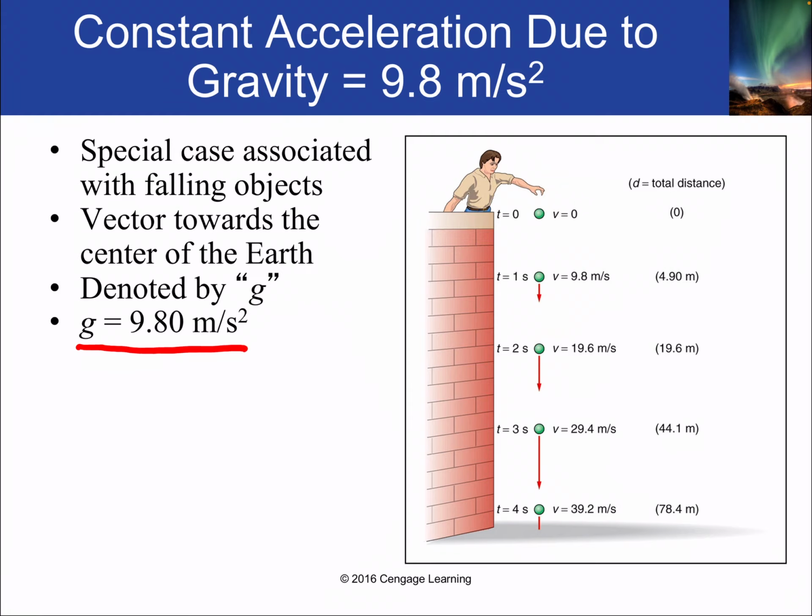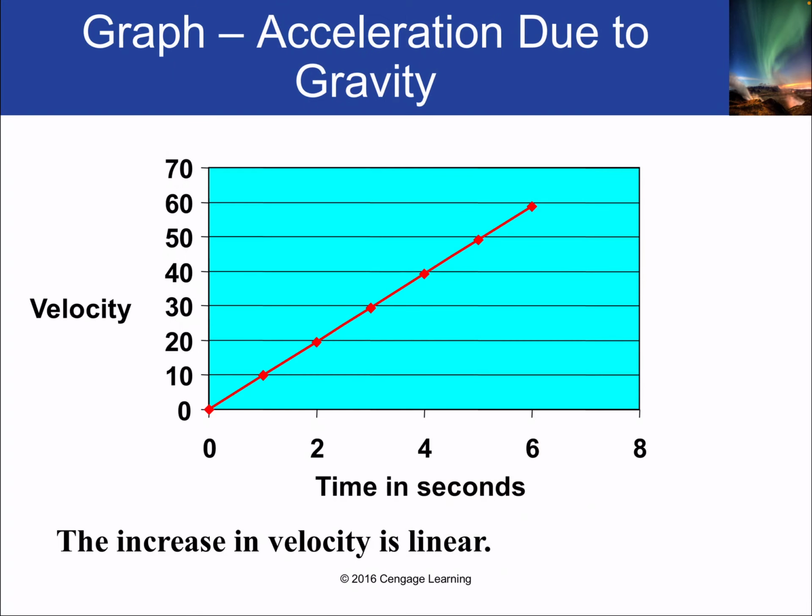Third second is going to be 9.8 times 3 seconds, and so forth. And that is going to give us a very linear graph. So when you're looking at the acceleration due to gravity and you plot velocity versus time, you will get a very nice linear graph.